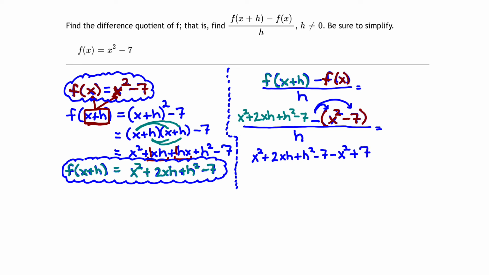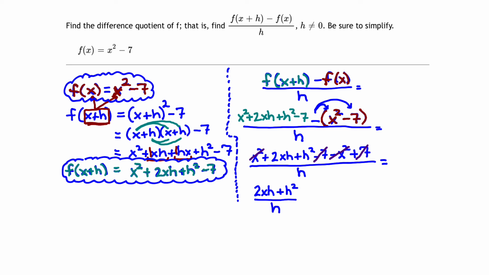We have to be really careful about that double negative. Now let's see what we can combine. What do you see is happening in here? Well, I see that I have an x squared that cancels with another minus x squared. So that's good. And I see this negative 7 is going to cancel with this positive 7. Well, that's good too. And that's going to leave us with 2xh plus h squared all divided by h.